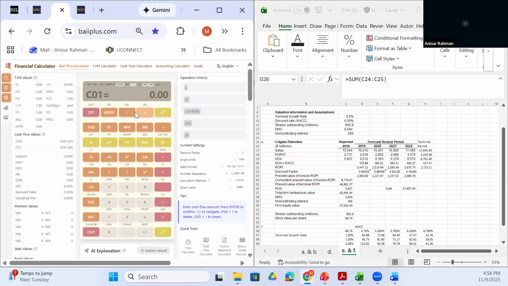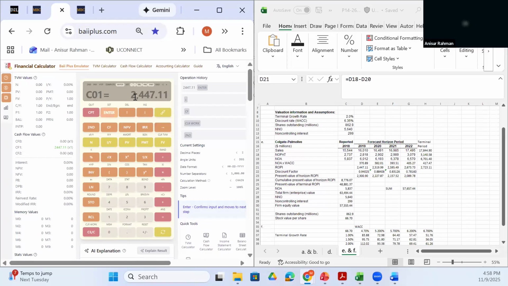So press down arrow, C01. So this is our C01, 2447. After you have typed this number, you have to press enter for this number to be saved in C01. Now down arrow, this number is happening only once, the frequency is 1.